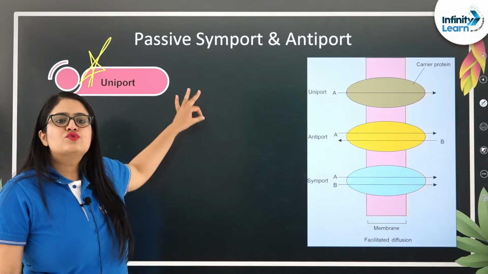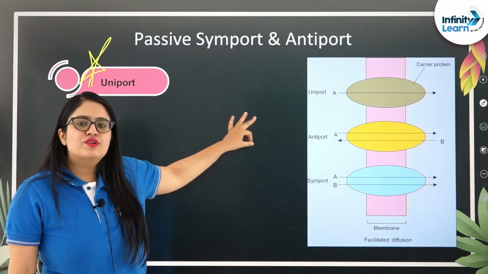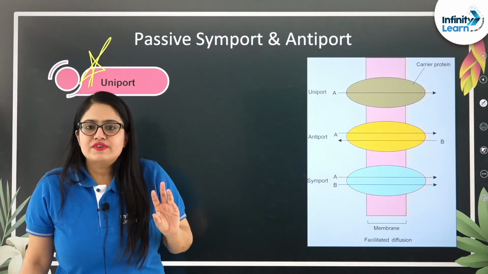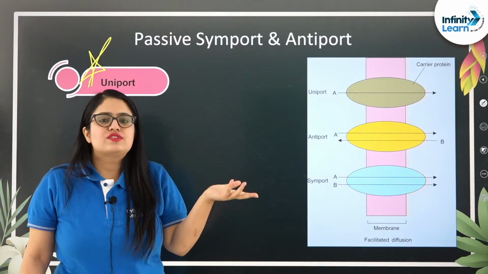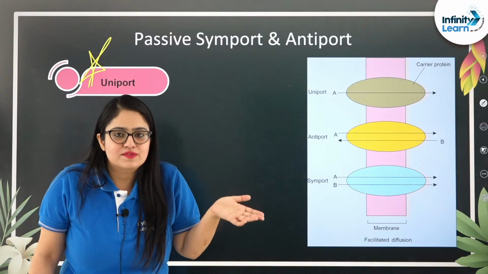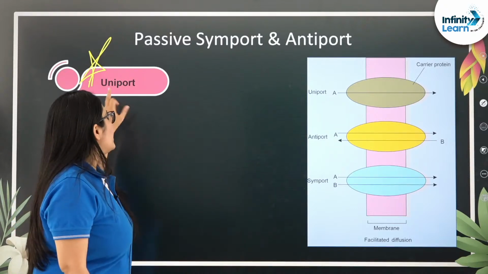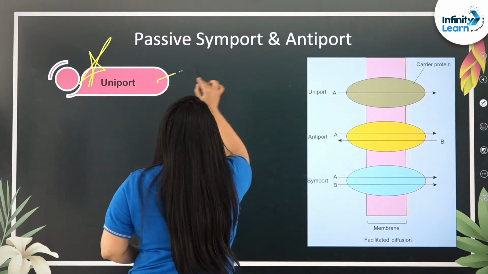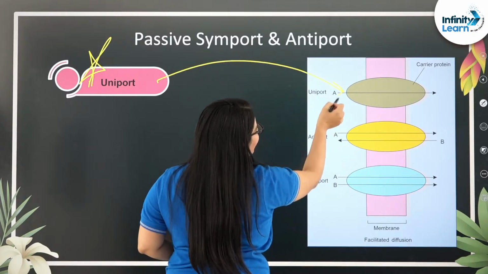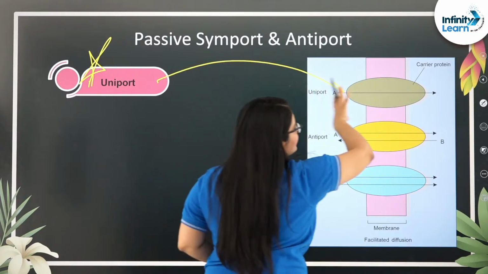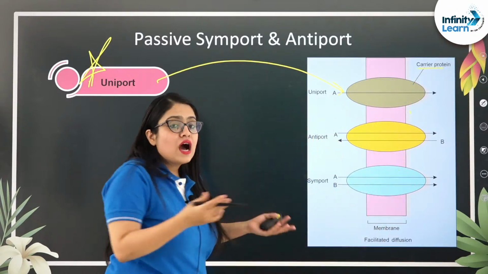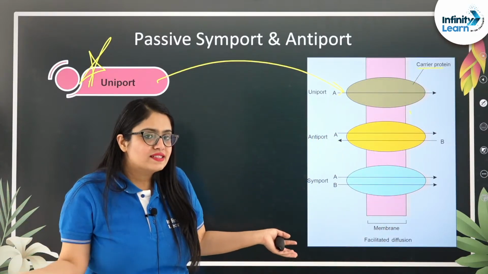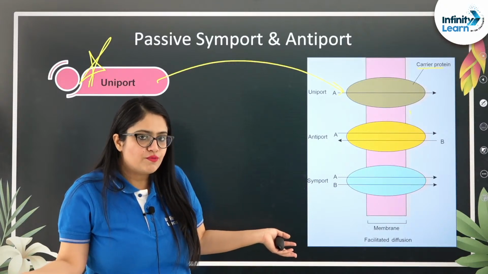But when it comes to uniport students, a particular type of substance can easily move through the carrier protein without depending on any other substance movement, right? So this is an example of uniport, where this A type of substance can easily get transported with the help of this carrier protein without getting affected by any other type of substance's movement, right?